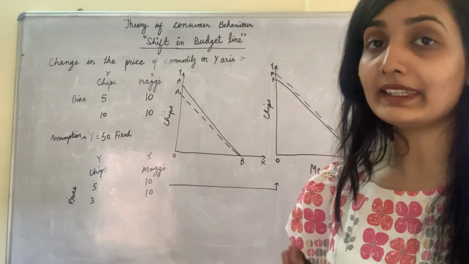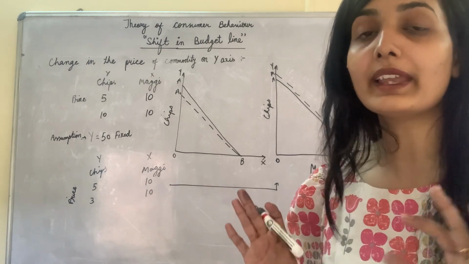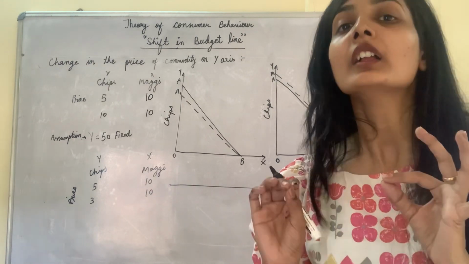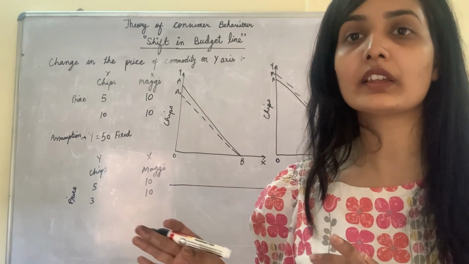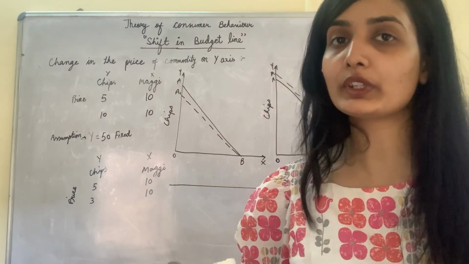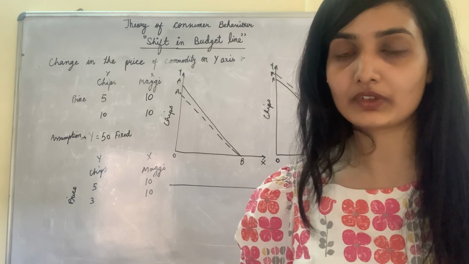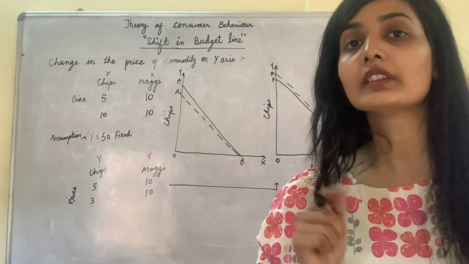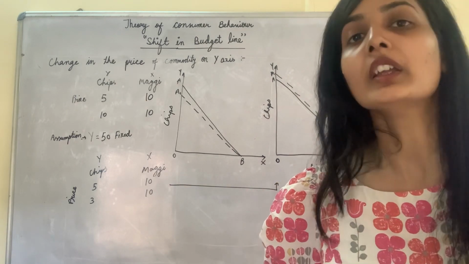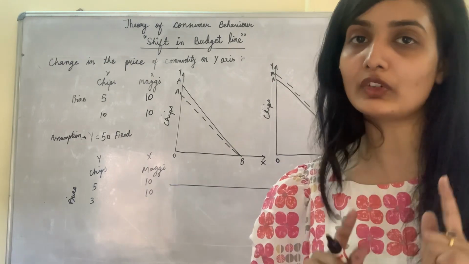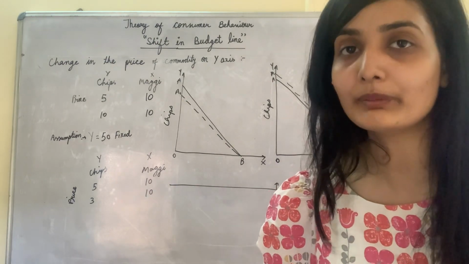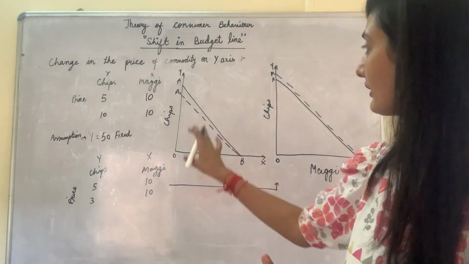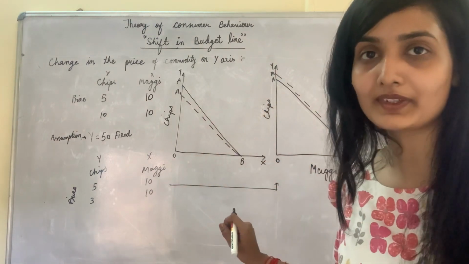There can be any circumstances, but when the circumstances belong to price, we assume that our income is fixed. And if there is a change in the income of the consumer, we take price as constant. So I hope you got the meaning and the clarification of the diagrams. Thank you.